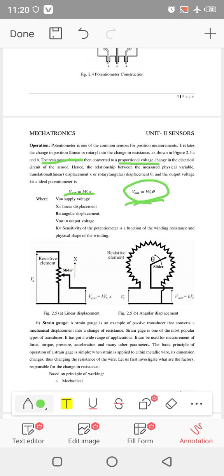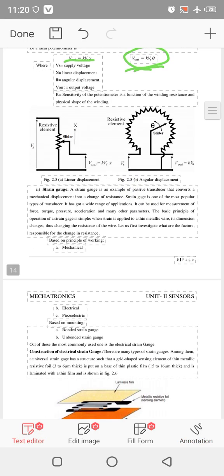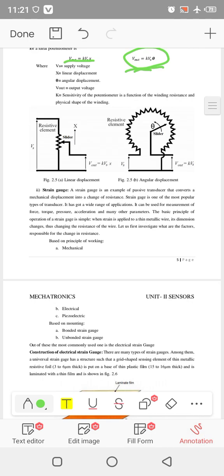Let us jump to the next widely used type of resistive displacement sensor. Both measure displacement depending on resistance changes. This is the strain gauge, an example of a passive transducer.